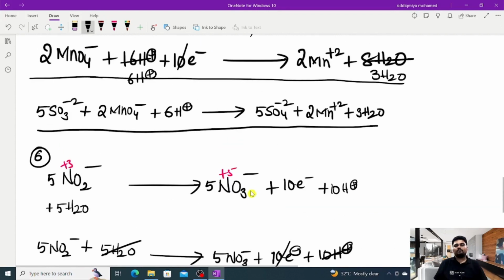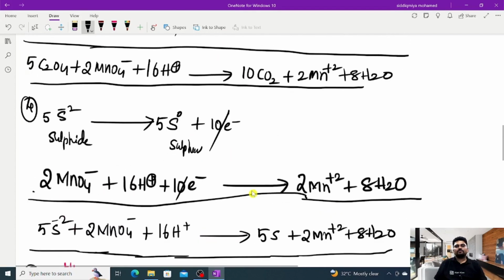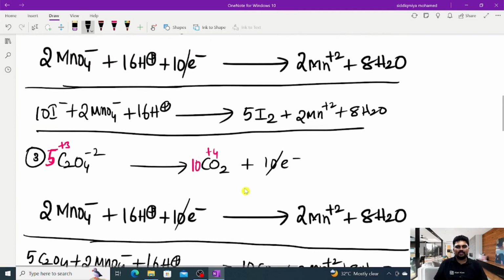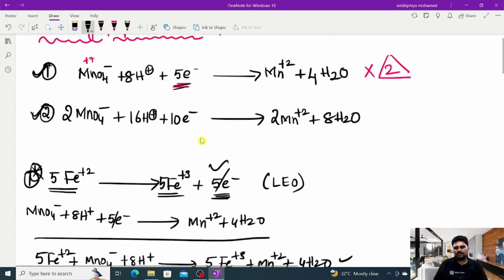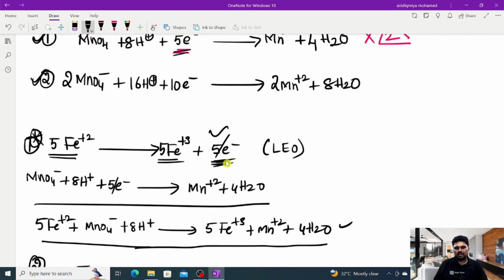So like this we can balance the oxidation reduction equations very easily. For that you have to remember these two equations. Here gain of electrons, reduction, is happening. Here loss of electrons, oxidation, is happening.